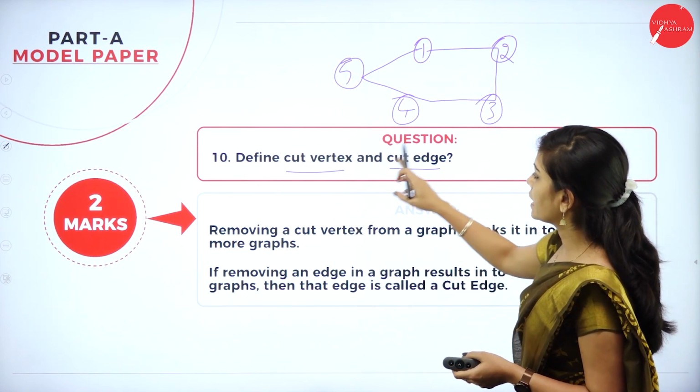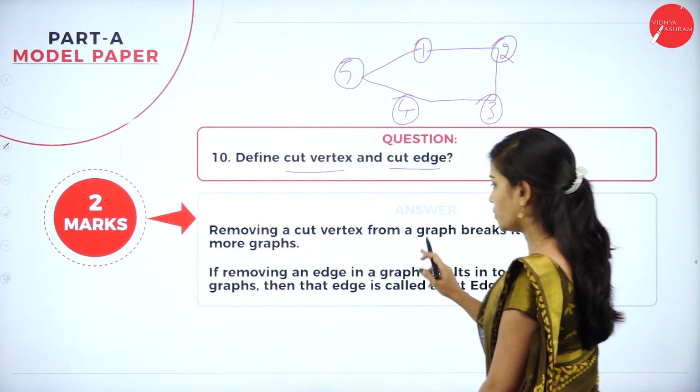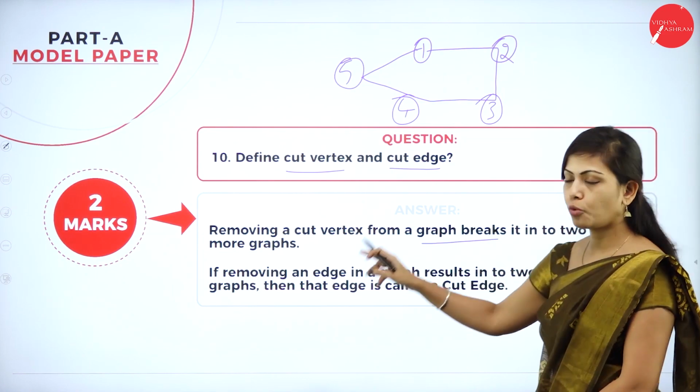Now cut vertex and cut edge. Removing a cut vertex from a graph breaks it into two or more graphs.